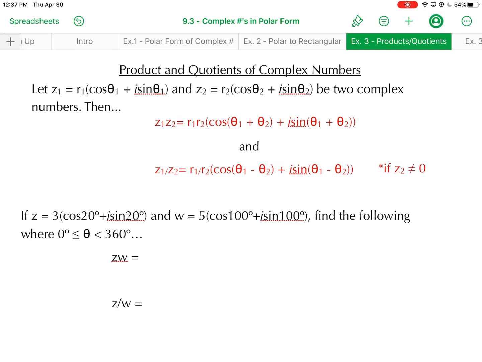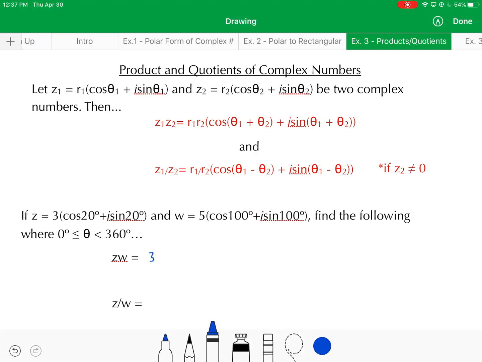Okay, so product zw, that's just going to be equivalent to the modulus from z multiplied by the modulus from w, times the quantity of the cosine of 20 degrees plus 100 degrees plus i times the sine of 20 degrees plus 100 degrees.